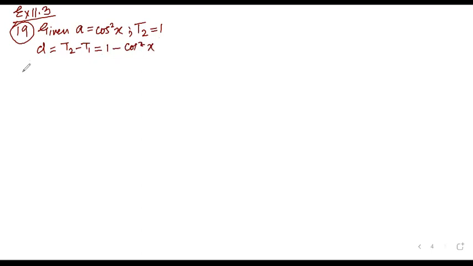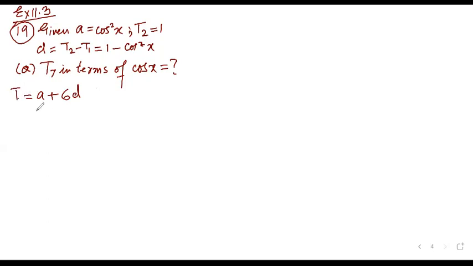In part A, we have to find T7, means the seventh term, in terms of cos x. This is the requirement. By formula, Tn is equal to A plus n minus 1 into D. So T7 will be equal to A plus 7 minus 1, means 6D.